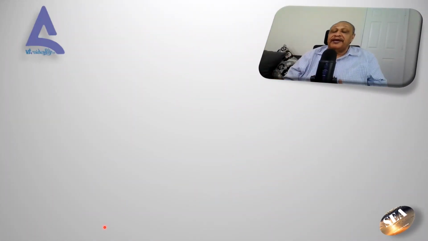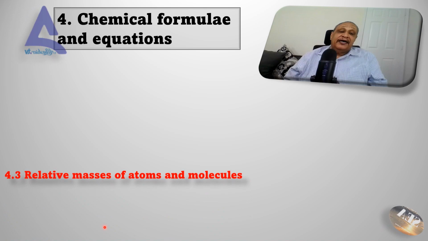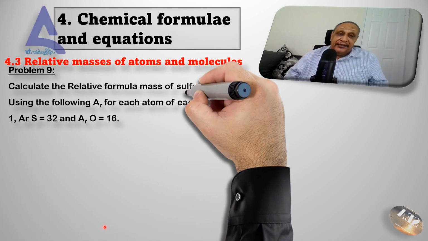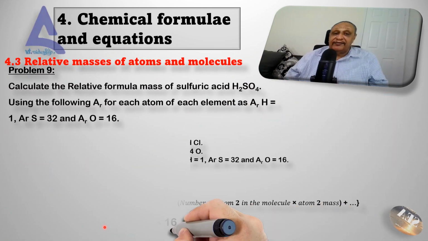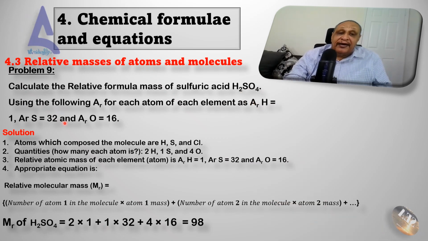Problem number 9 is also easy. The only difference is that it's composed of 3 atoms. You just have to calculate the relative formula mass of sulfuric acid, which is H2SO4. Again, the problem gives us the atomic mass of each one.